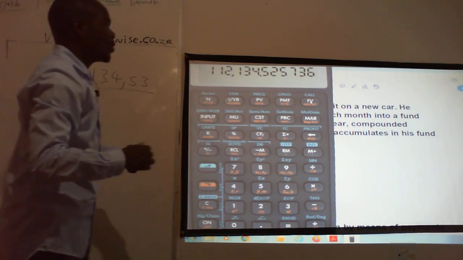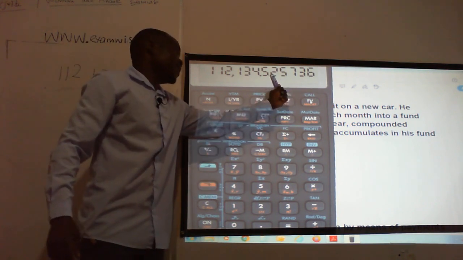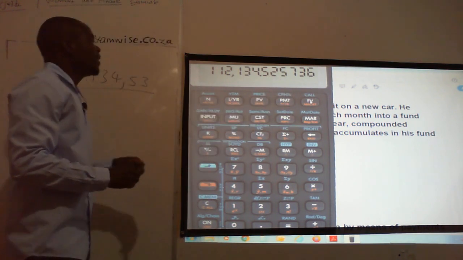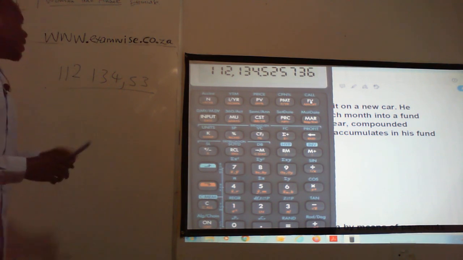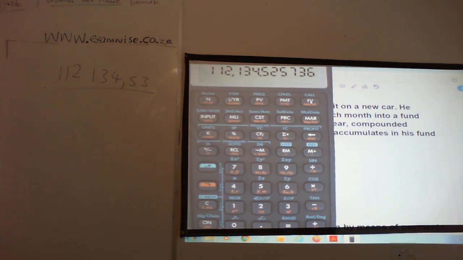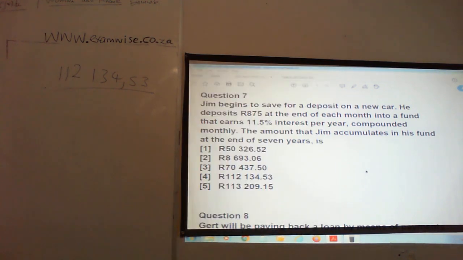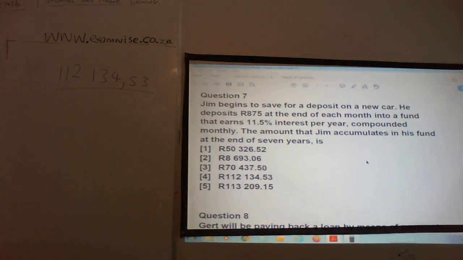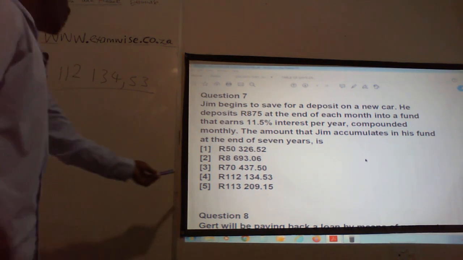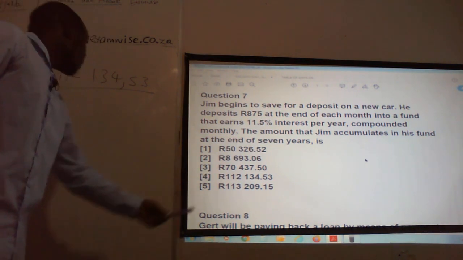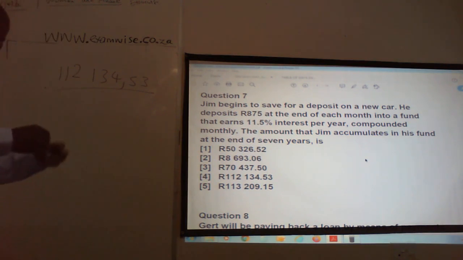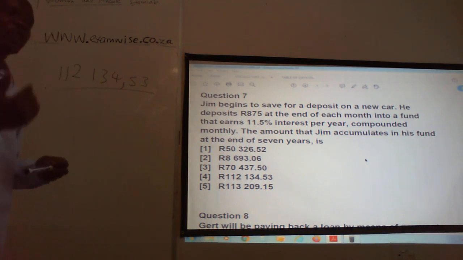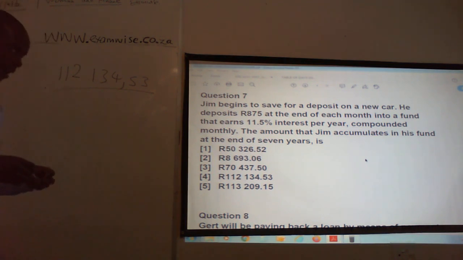So that is how we do it. Our correct option will be option number 4. As we go, we shall cover an annuity due as well.